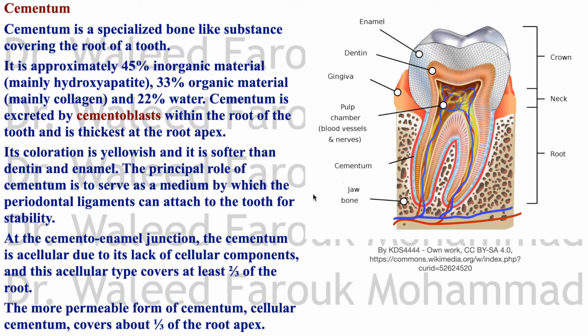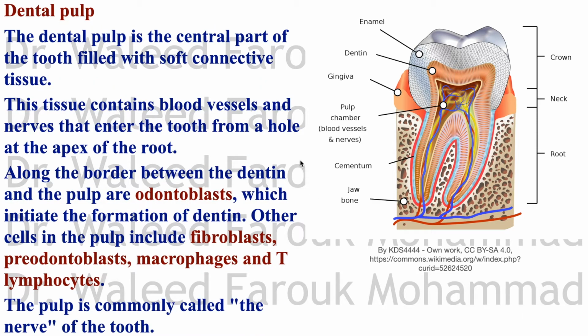The dental pulp, which is the cavity inside, is connected by a dental canal to the outside, through which nerves and blood vessels pass to the pulp chamber here, as we can see. It contains connective tissue, and within this soft connective tissue are blood vessels and nerve endings.